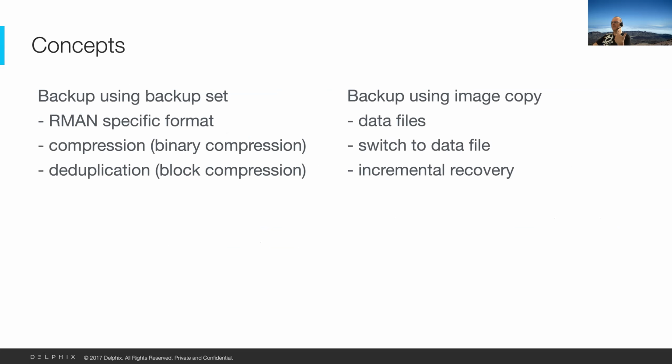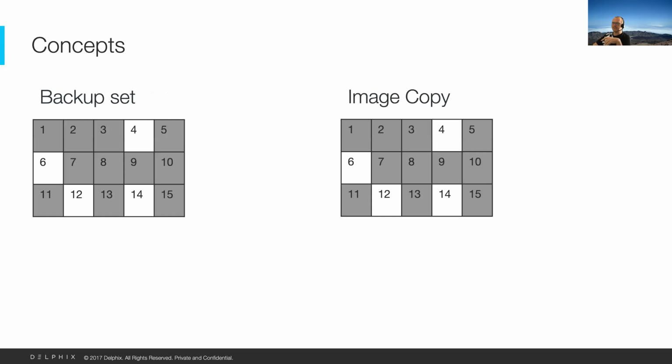The image copy is, technically speaking, a one-to-one copy of your data file created in a different location. The backup set is basically an RMAN-specific format, which allows you to compress it or basically skip some blocks. So the difference looks pretty much like this.